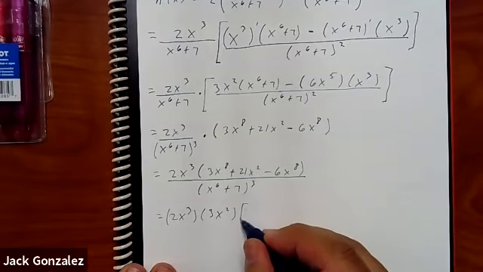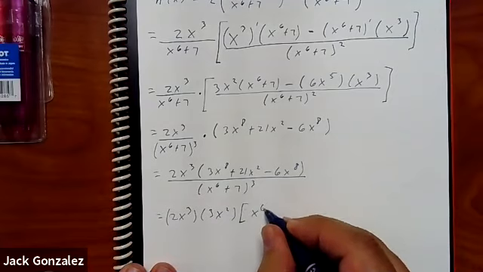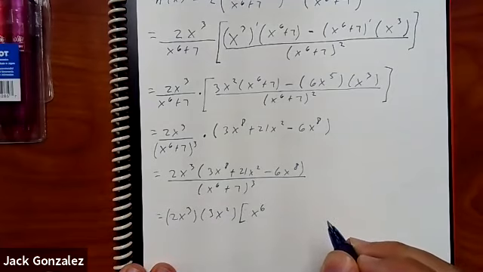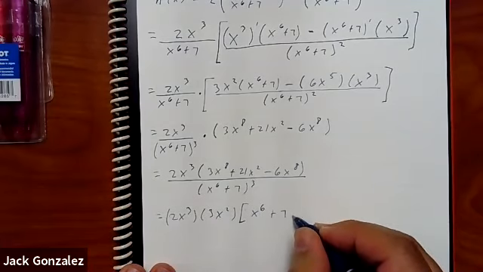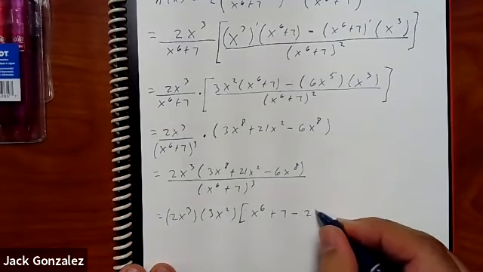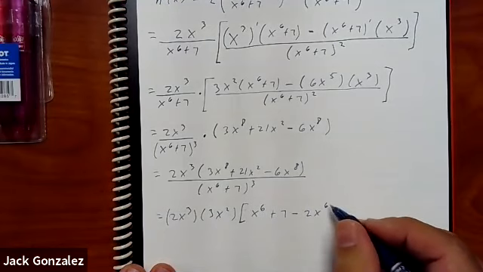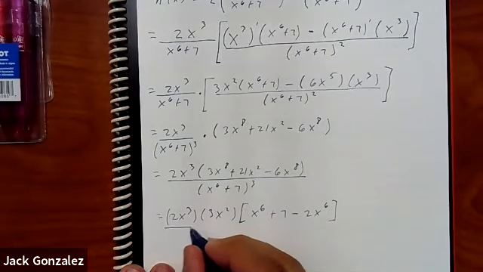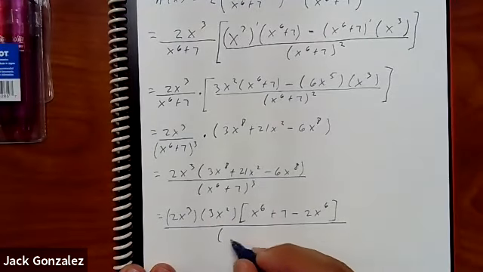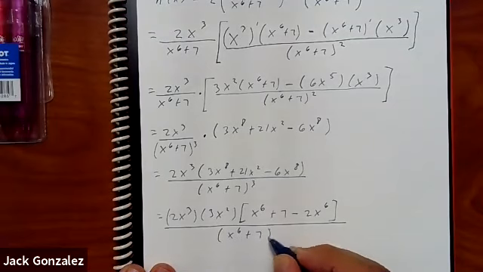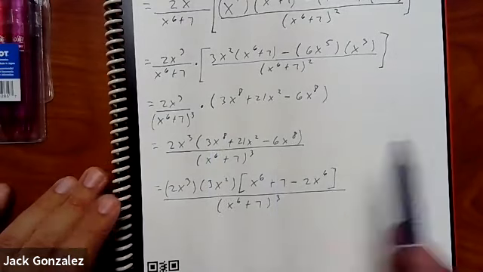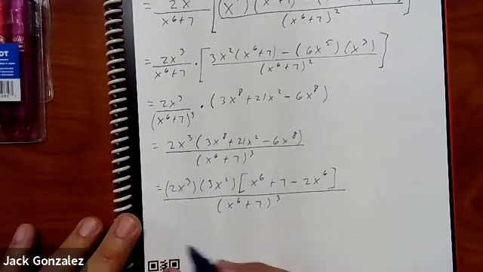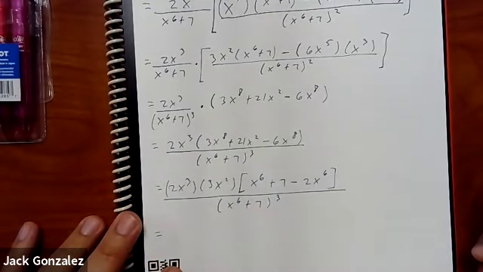So that will leave me with x to the 6 plus 7 minus 2x to the 6. I probably should have combined those two terms. I forgot. I notice these are the same, the 8 and 8. Doesn't make a difference, I just should have combined the like terms.